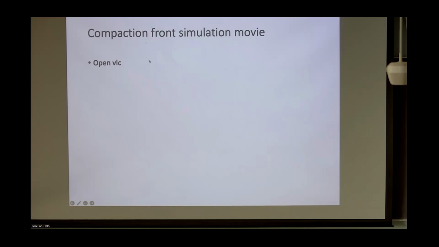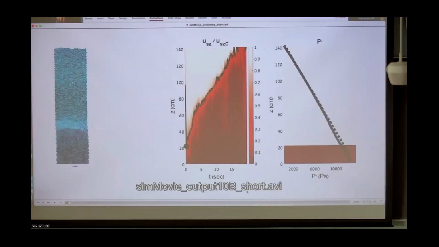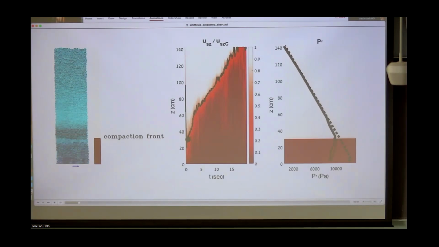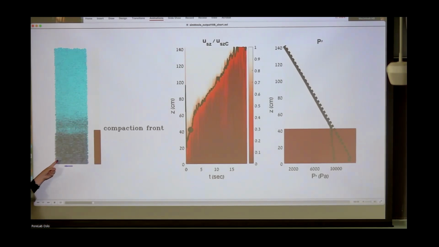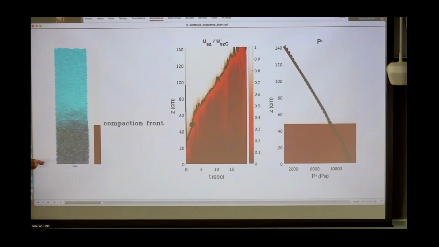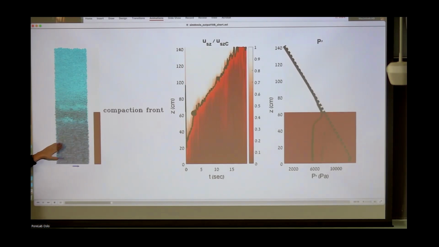So I want to show you a movie of simulations. So this is the simulation. You see the bottom in the blue arrow, and the black arrows show the velocity of the grains. What you're seeing is that initially, only the grains at the bottom are actually moving.